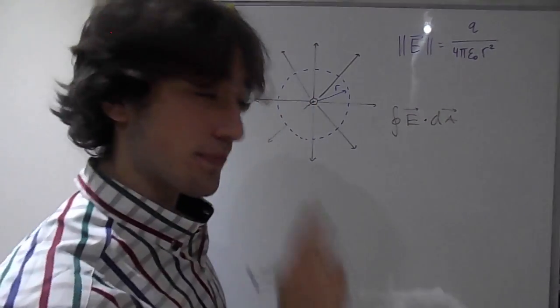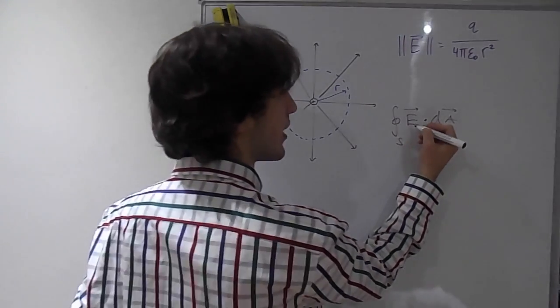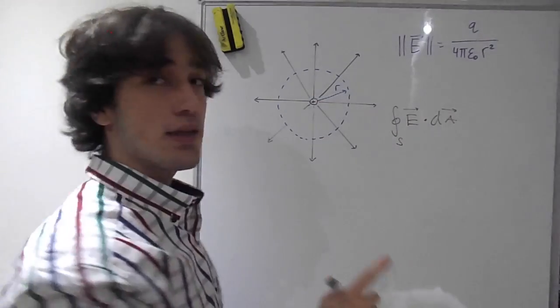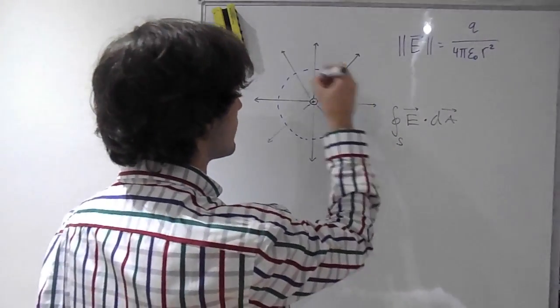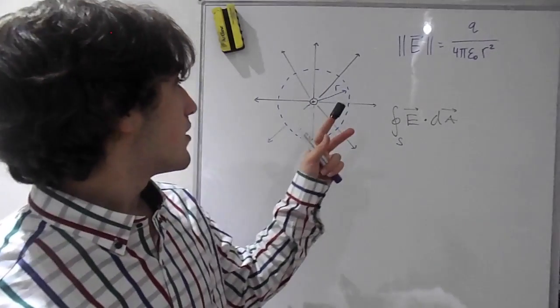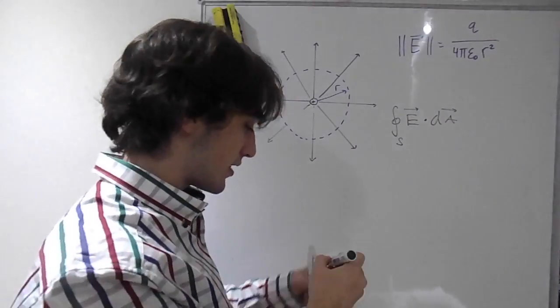surface integral. This is over this sphere S, and it's given by E dot dA, and you sum them all up. Now, what's nice about this is that at every point, by definition of the sphere, the radius is going to be perpendicular to the surface.